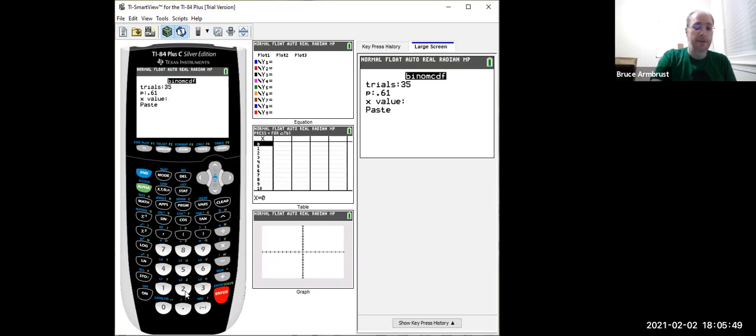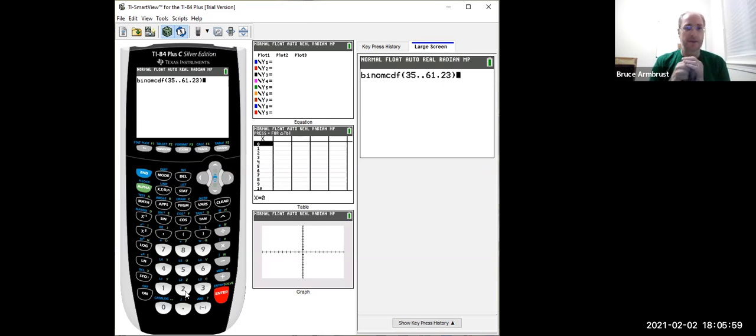So like for that second one where we were going to do at most 23, this is what it would look like. So we're going to do binomial CDF, 35 trials, 61% success rate, and at most 23. All right, so now this one, we're going to have to get a little creative for the at least 21. So let me go back to the whiteboard.